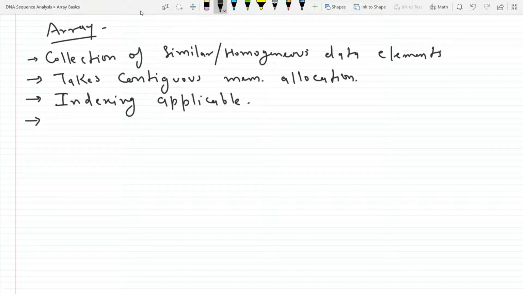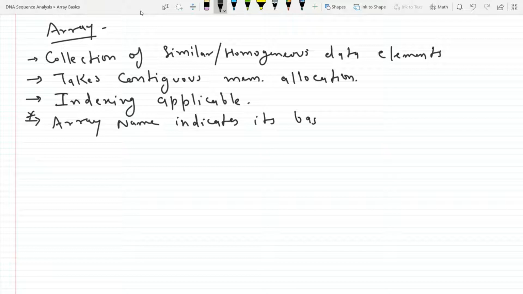One more very important point, that array name indicates its base address.